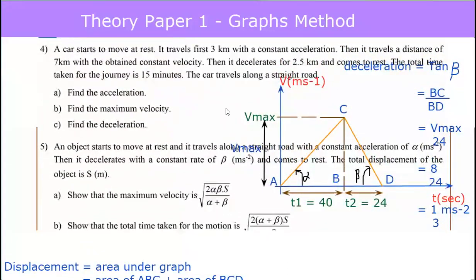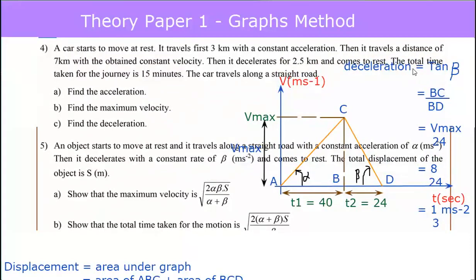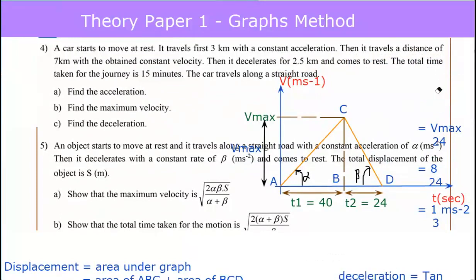Right. I think you can see it. A car starts to move at rest. You have to erase a lot of things, it's difficult to see them. Okay, now you are able to see all the things.